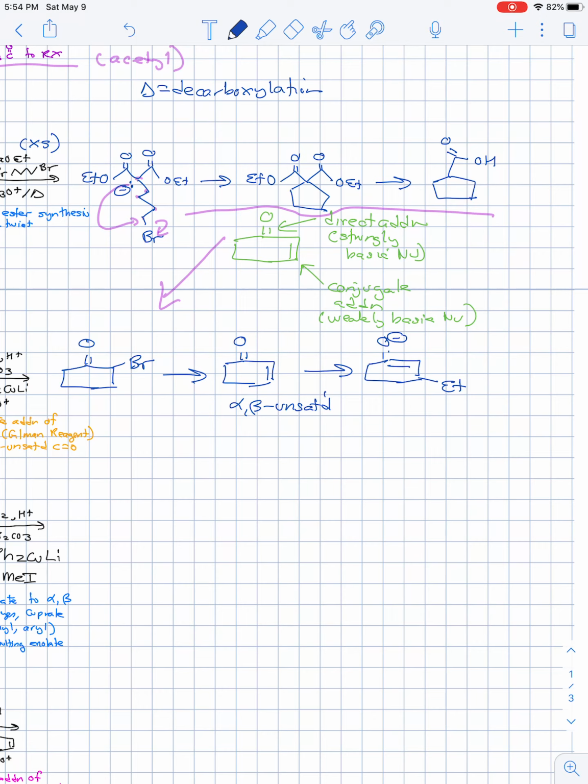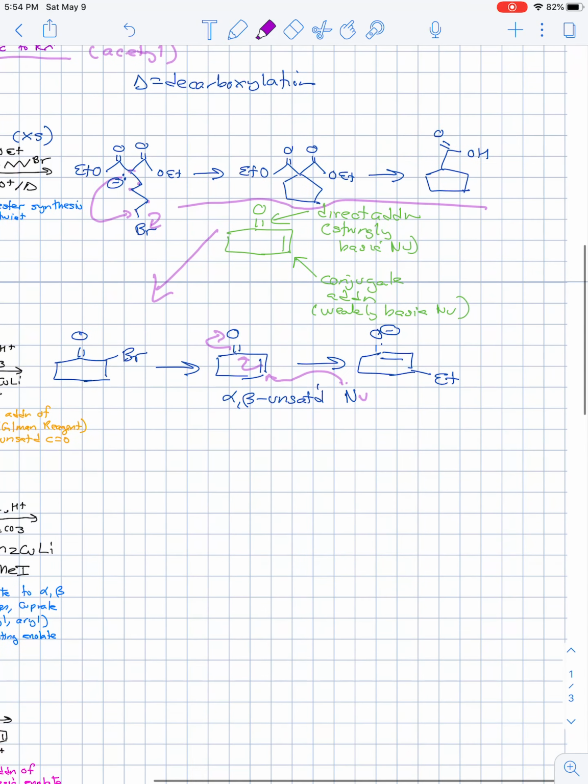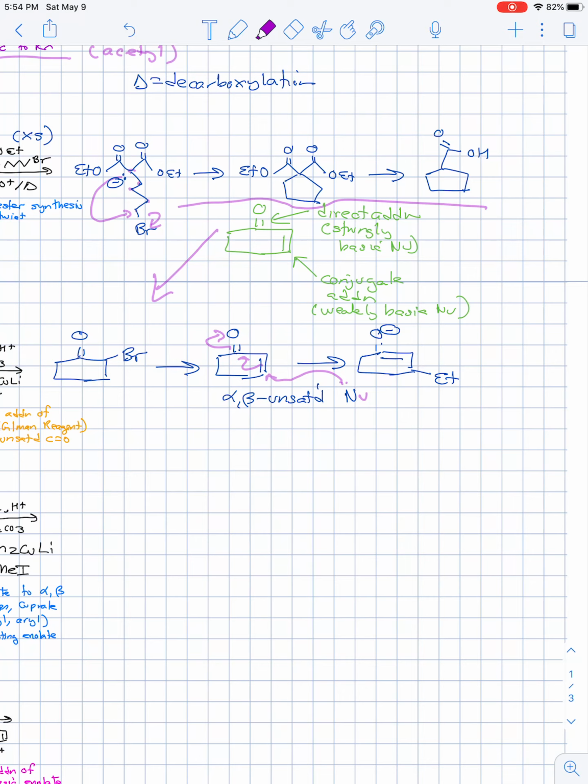So the nucleophile, which in this case is the ethyl of the Gilman, attacks in the 4 position relative to the oxygen, or the beta position relative to the carbonyl. And we initially get that.